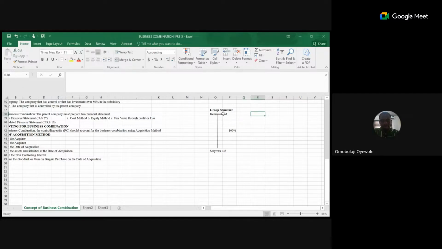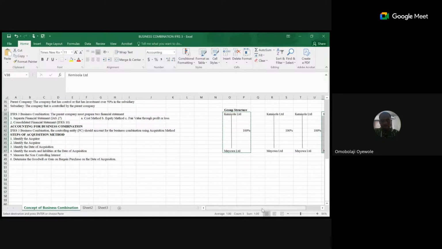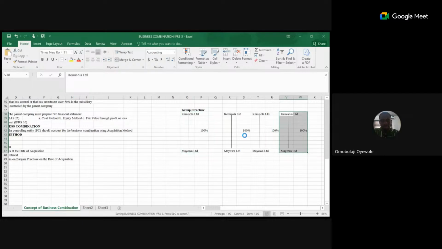Let's see another one again. Now, in the first group structure, let's make this one 60%.